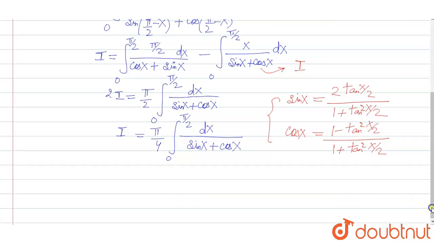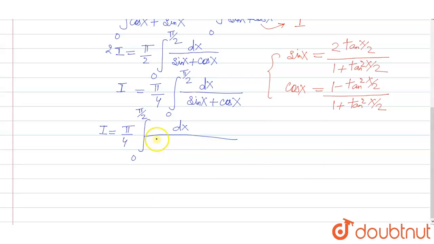So putting these values in the integration, we get I equal to pi by 4 integration from 0 to pi by 2 dx divided by sin x, which is 2 times tan x by 2 divided by 1 plus tan square. 1 plus tan square theta is secant square theta, so I can write secant square x by 2 here.